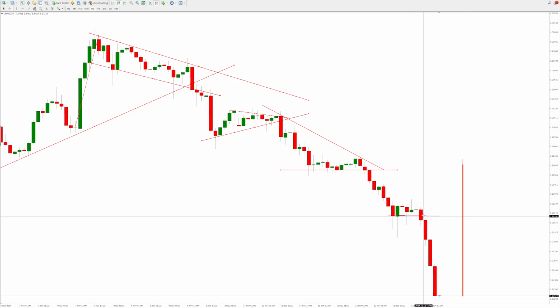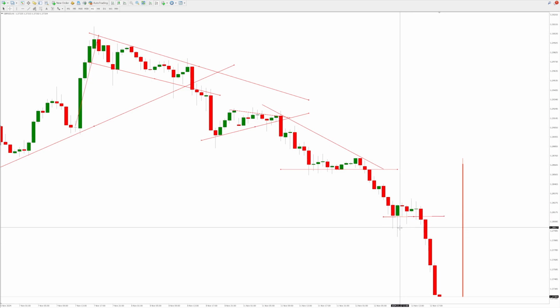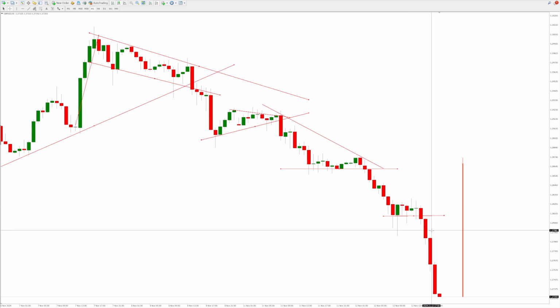Another thing worth mentioning is when we were here, we would have had this level of support. The daily candle indicator would have come back up from its low. So it would have been up around here somewhere, the current price, with the low around here. So that would have been a good way to gauge the fact that there's been a pullback, and you can look to trade off a breakout of the low of the daily candle.